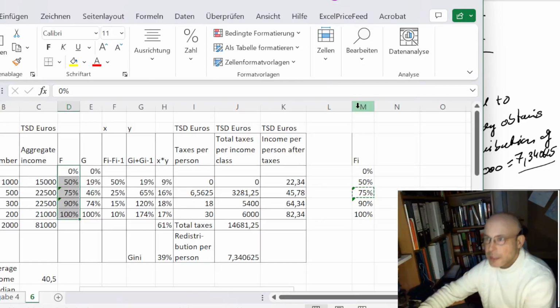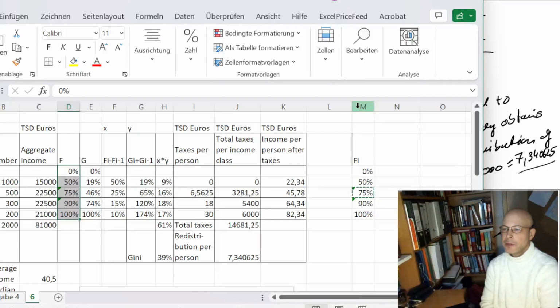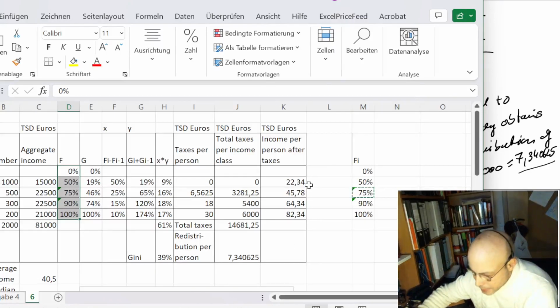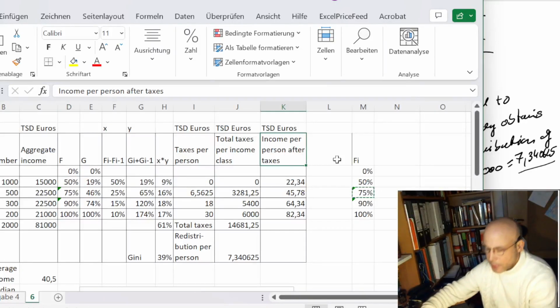Okay, and now we need the numbers for the income distribution. What do we have to do then? Keep in mind that we have here income per person.